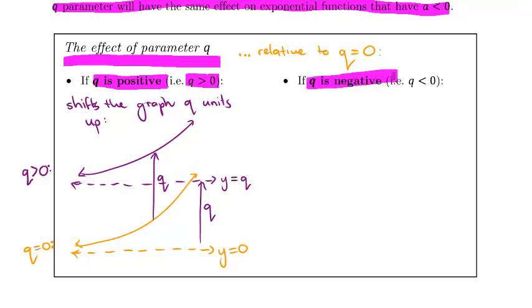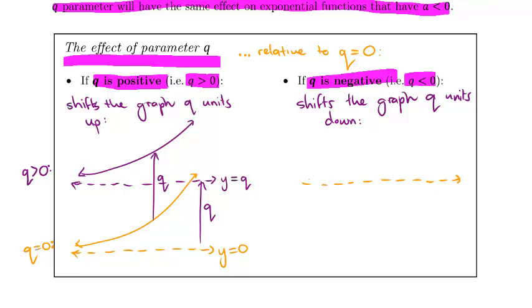How about if q is negative? In other words, if q is less than naught? Well, relative to q equals naught, when q is negative, that will shift the graph. Which direction now, guys? Shifts the graph q units down. So for example, guys, if we had this asymptote over here, which would have the equation y equals naught, because our q value was equal to naught, and let's pretend that this was our exponential graph over here.